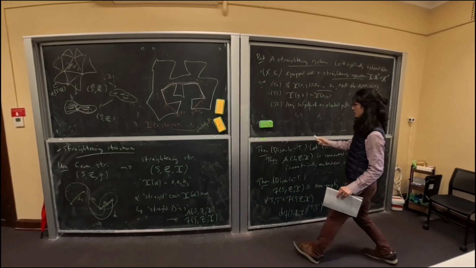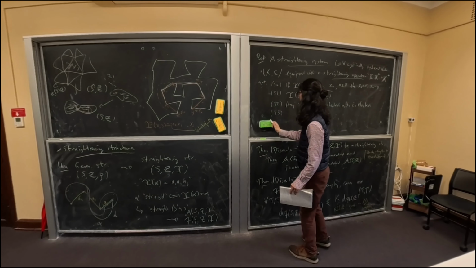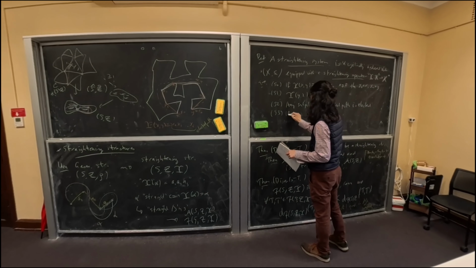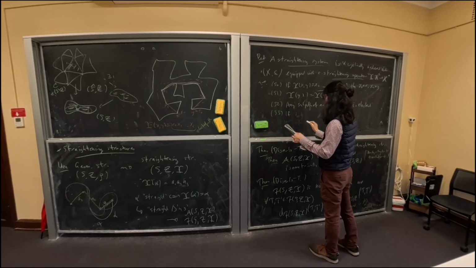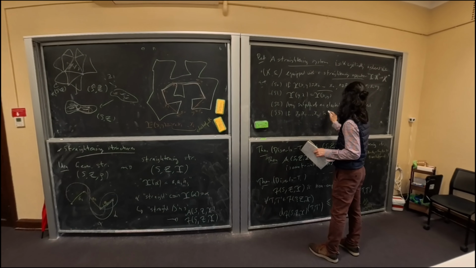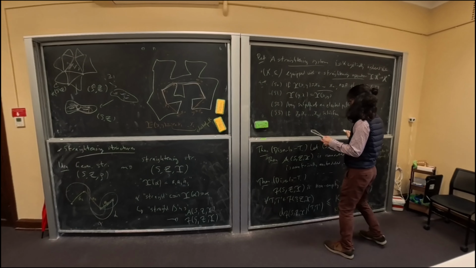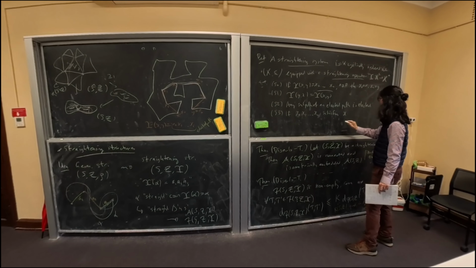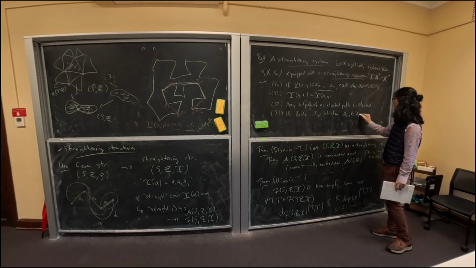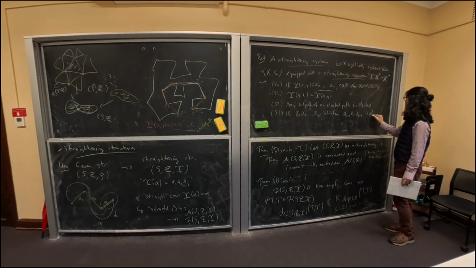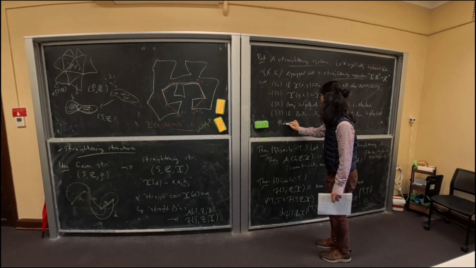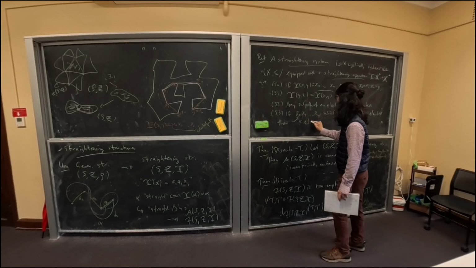The next one is a local to global one. If I give you some path that satisfies that each subpath of length 2 is elected, then this is also elected.